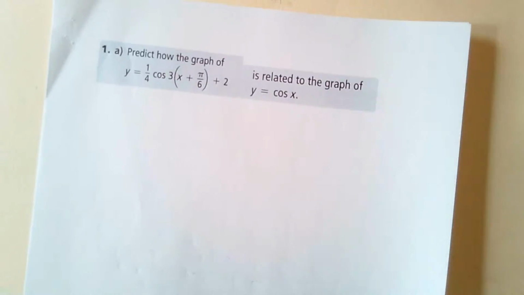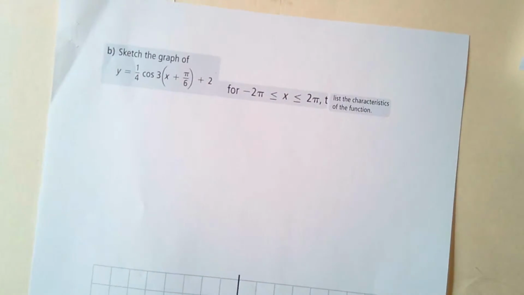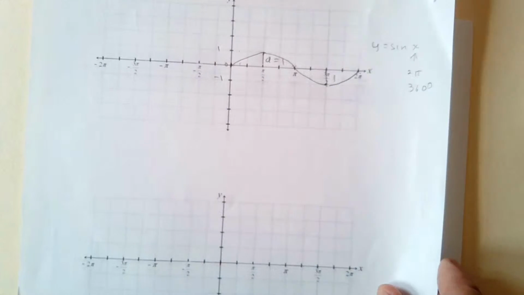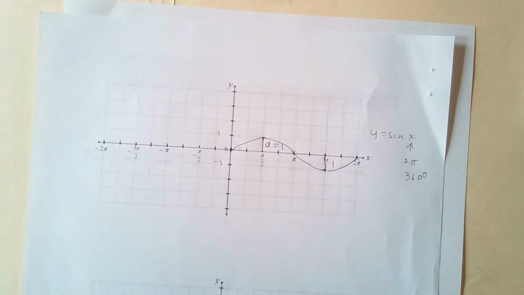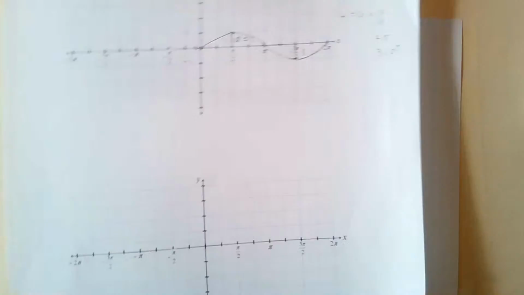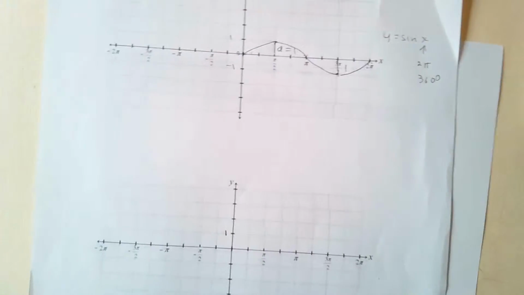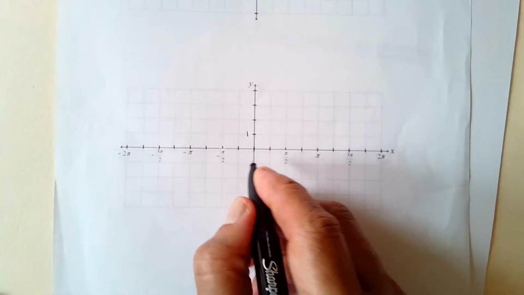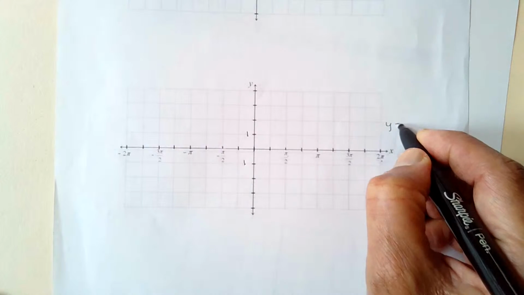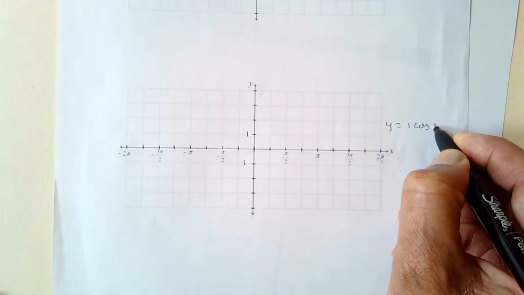So let's look at one, which looks at cosine. Now we've looked at sine, now we're going to look at our cosine function. First of all, let's look at what the cosine would look like. With a regular cosine function, we have a period of 2 pi, so y is equal to 1 cos theta.